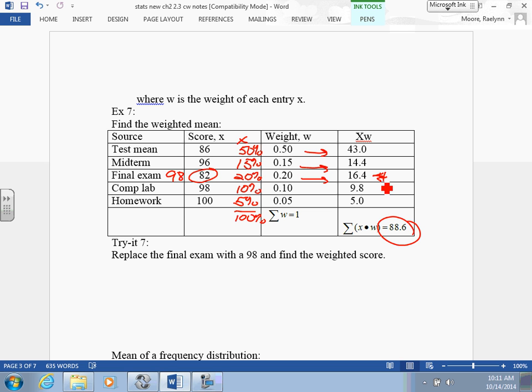Right, 19.6. Now, that increased your average by 3.2 points. So we would just add your 3.2 in here. And that made a big difference.